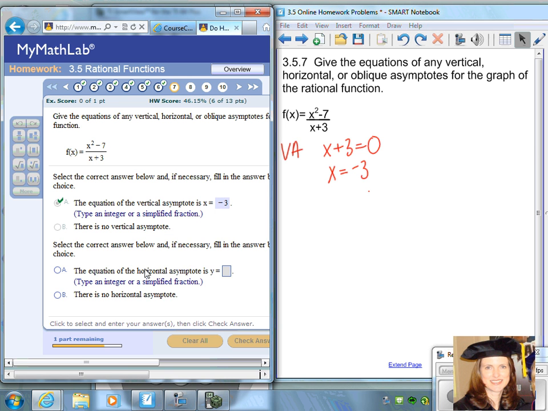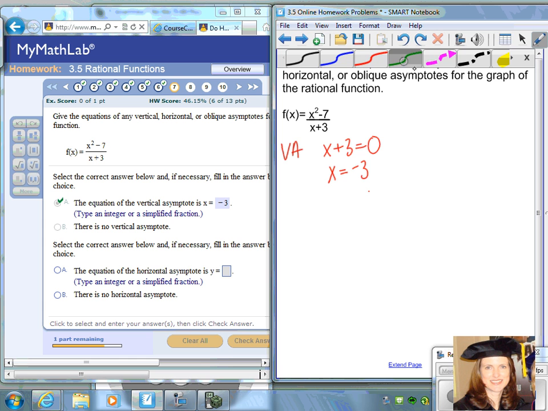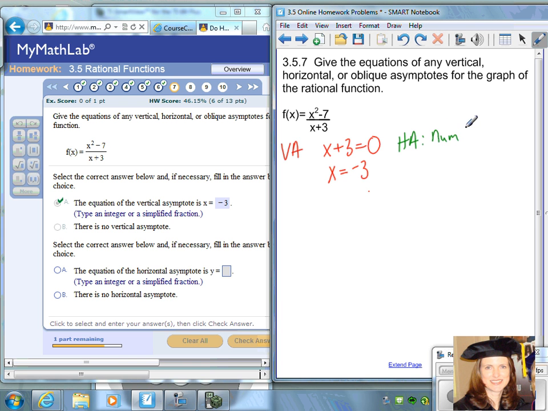To determine if it has a horizontal asymptote, you need to look at the degree of the numerator and the degree of the denominator. The degree of the numerator is equal to 2. Simply, the greatest exponent in the numerator is 2. The denominator degree is 1.